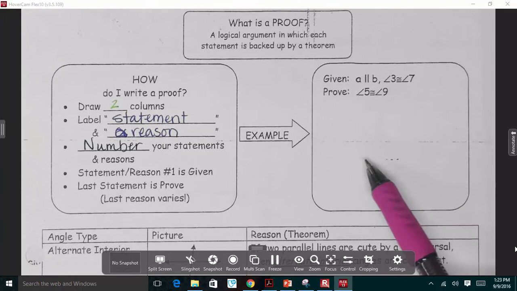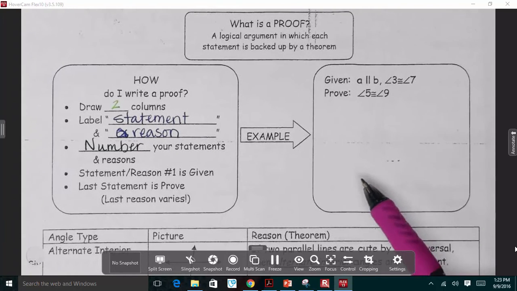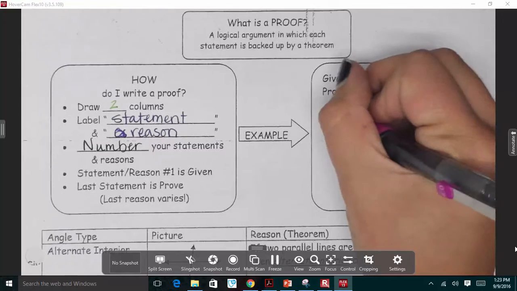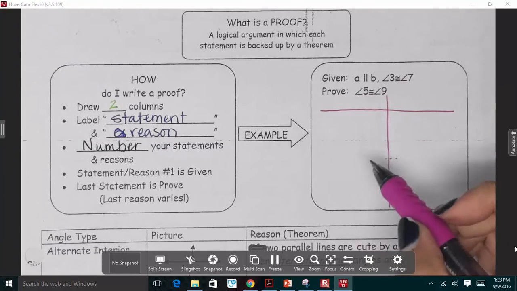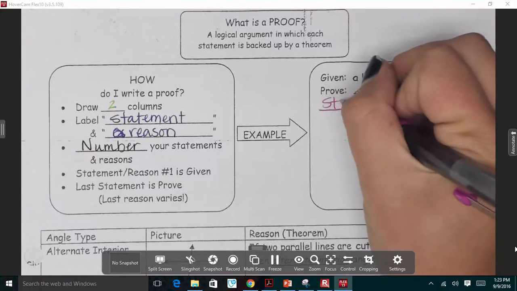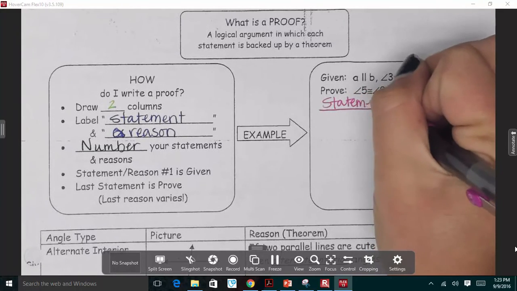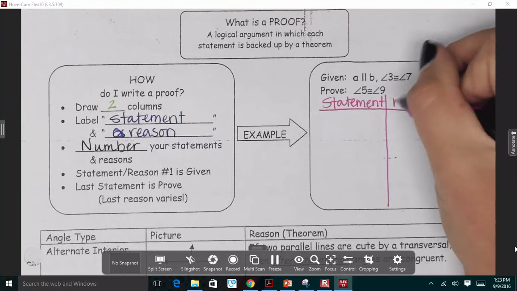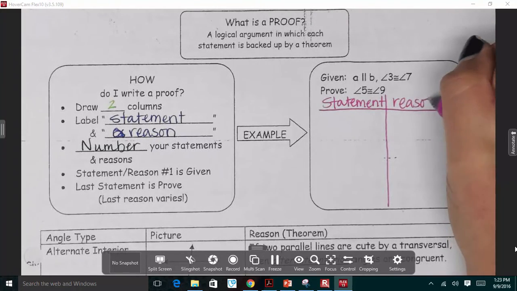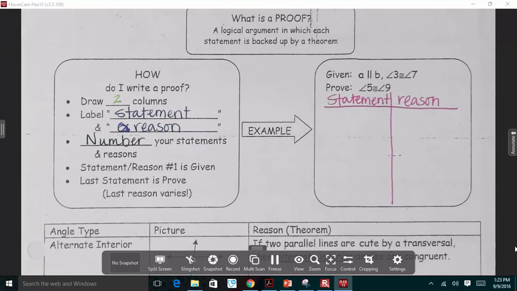So over here in this box, we're going to go ahead and draw a two-column table. On my left-hand side, I'm going to label this statement. On the right-hand side, I'm going to label this reason, because for every statement we make, we're going to have a reason as to why that is true.